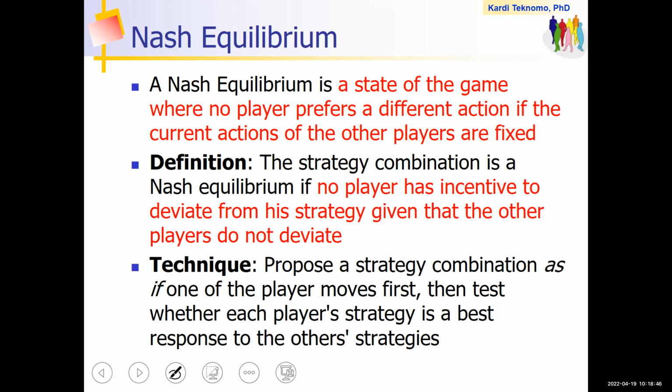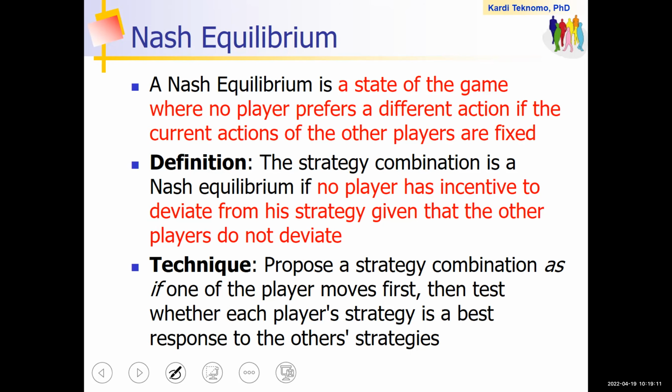So equilibrium is not always the best thing, but this is like you are stuck there. Okay, so it's a fixed point. Equilibrium is basically a fixed point, right? It's a constant. In difference equation, this is the constant value.